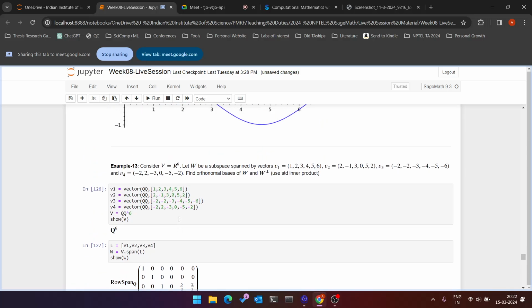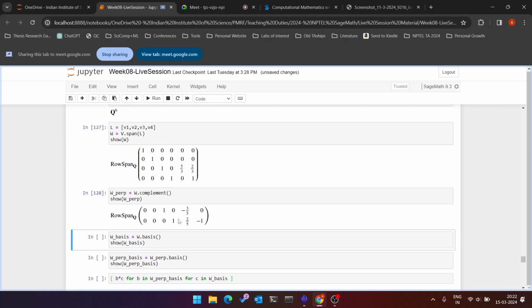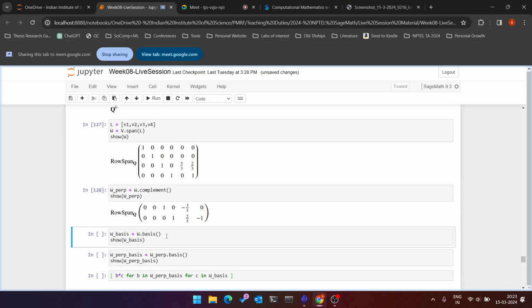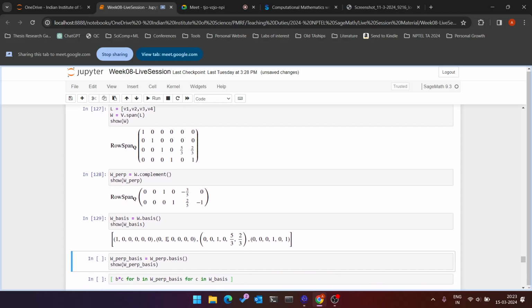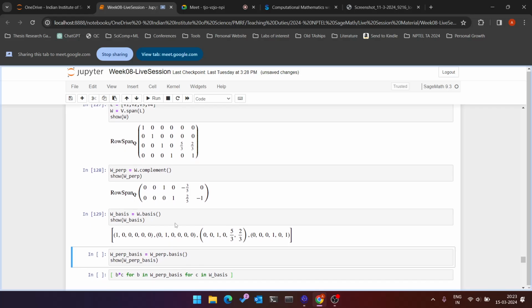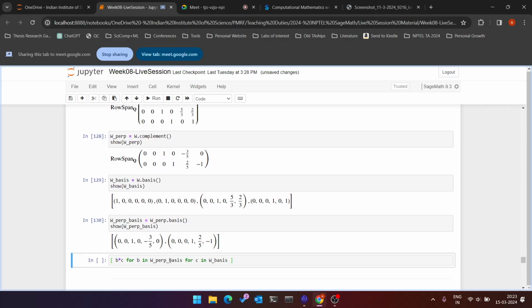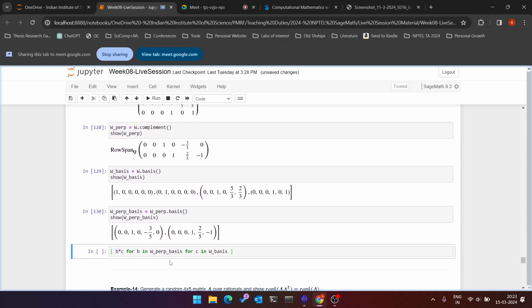And if I want a basis, I'll just simply do W dot basis. And this will give me an orthogonal basis. And similarly, W perpendicular basis I can get by doing this.